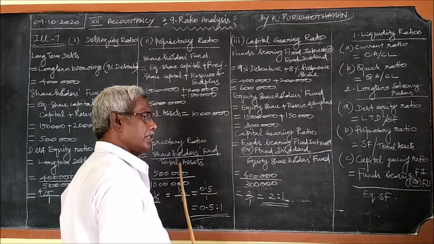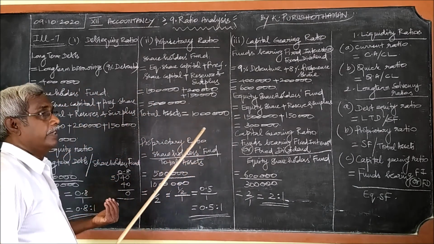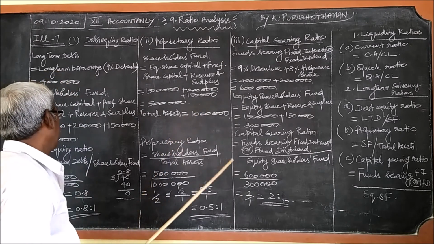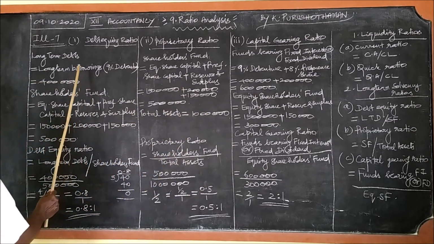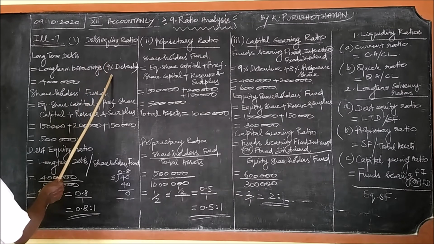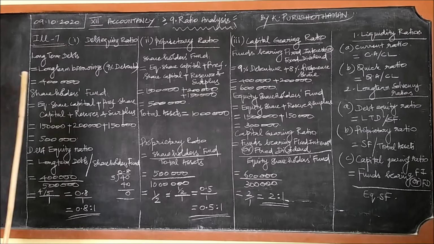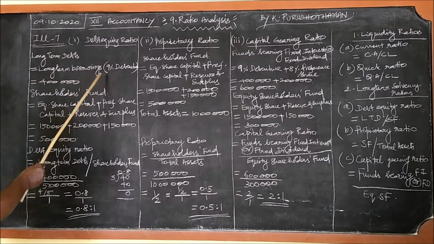Long term debts are debts running for 10 years, 15 years, 20 years, like that. Under this, only one item is given in this problem, that is long term borrowing, the 9% debenture. The company has borrowed, or the company has sold 9% debentures. Then what is the promise made by the company when these types of securities are issued?